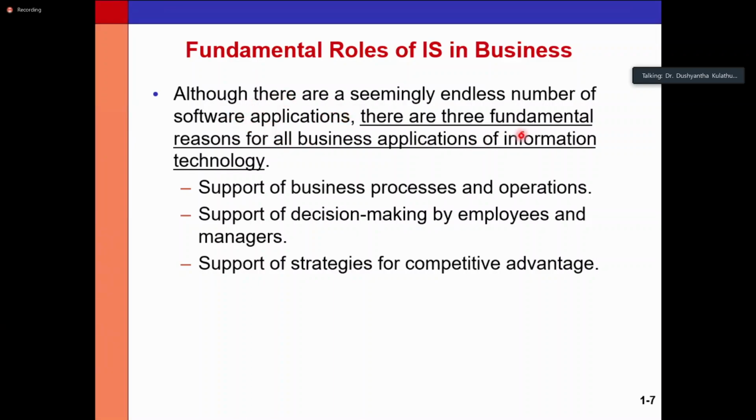But behind that, there may be different technologies utilized within the organization. The information systems are basically running on different information technologies, which are the backbone that forms the infrastructure to operate these software applications.